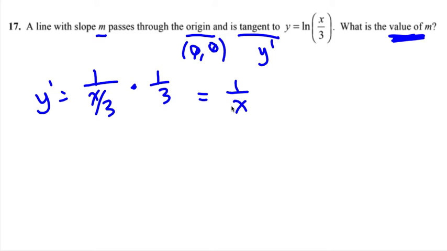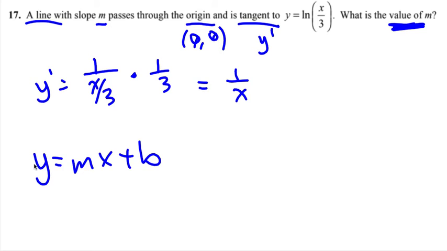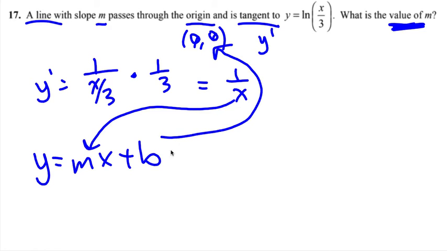So let's look at what they're asking, a line. If we have a line, that's y equals mx plus b. We know some information about this. First of all, we know m, we just found it, that's the slope. And we also know b, because that's your y-intercept, so that's 0. So y is equal to 1 over x for your slope times x plus b, which is 0.